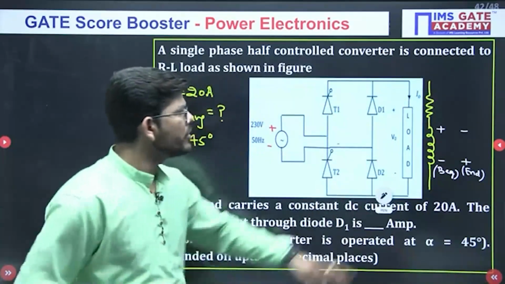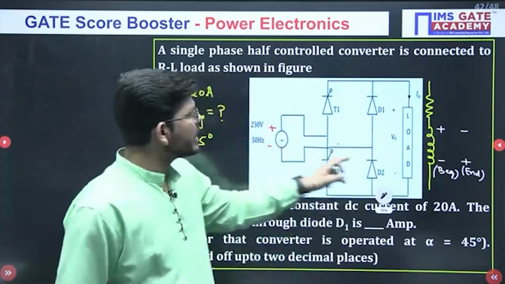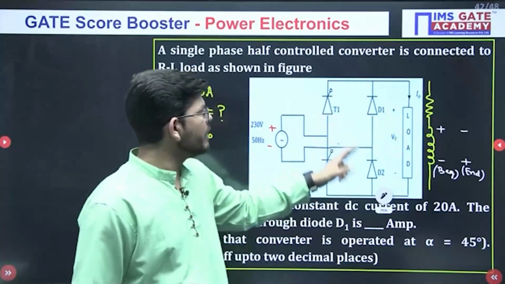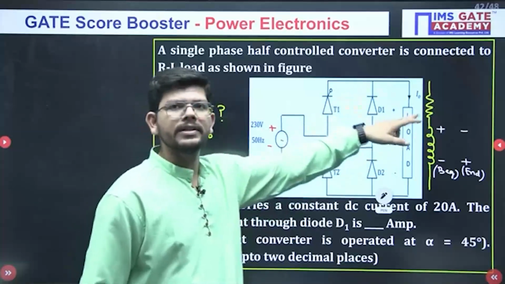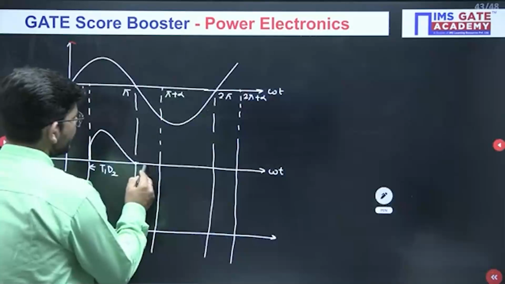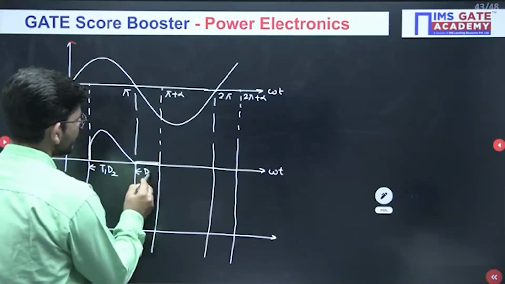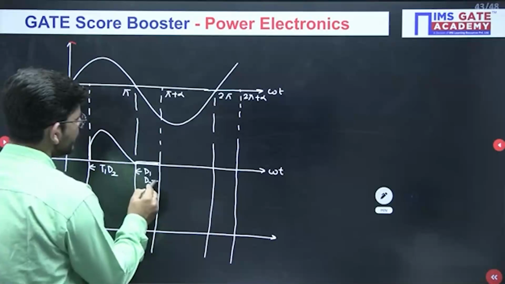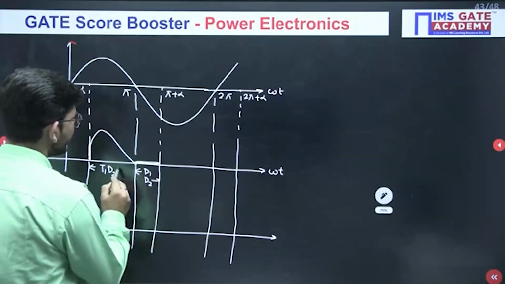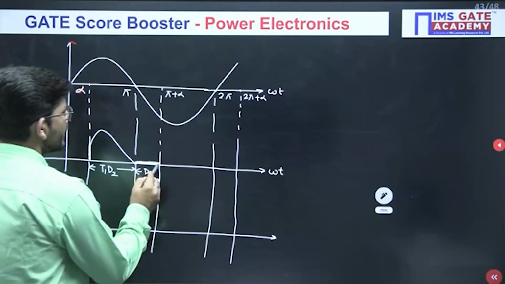Due to this polarity, we will have D1 and D2 conducting. What energy the inductor stored during T1 and D2, now it will be releasing. So during this moment, we will have D1, D2 conducting, and T1, D2 have conducted up till this moment.